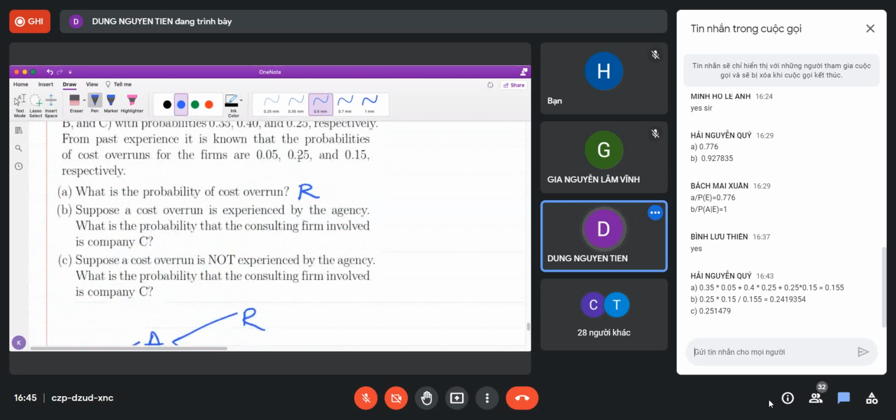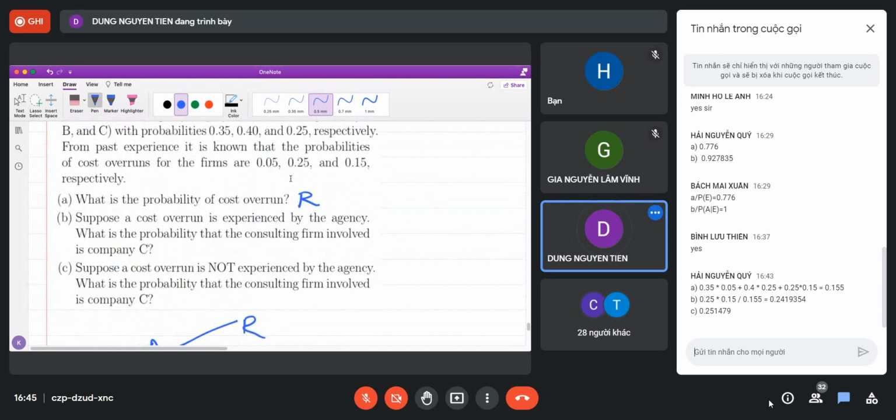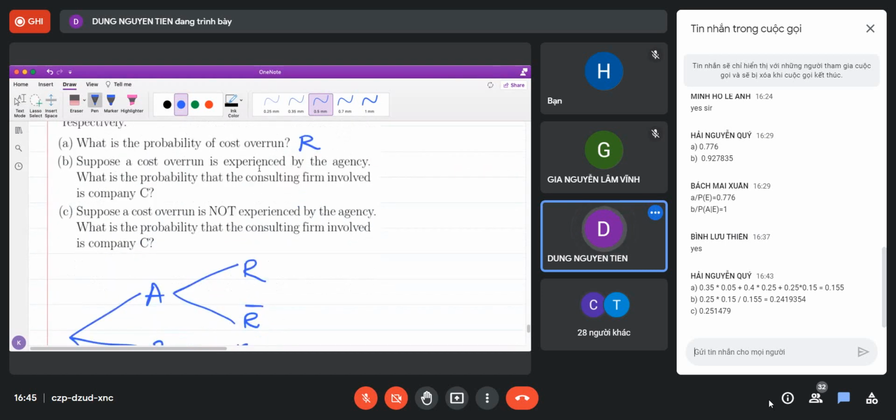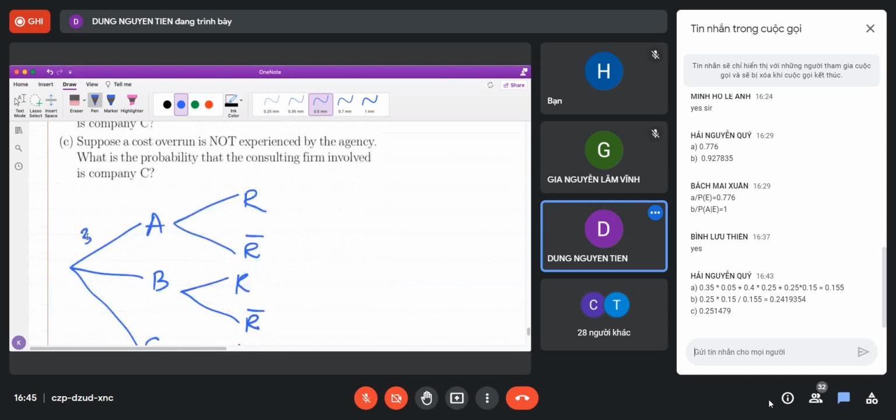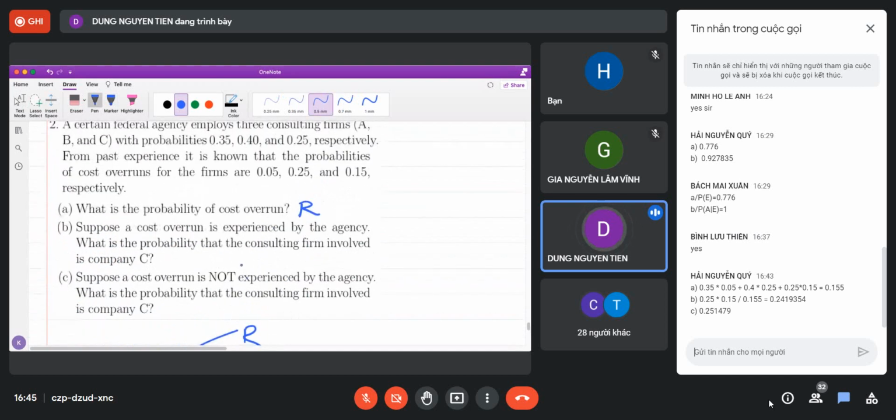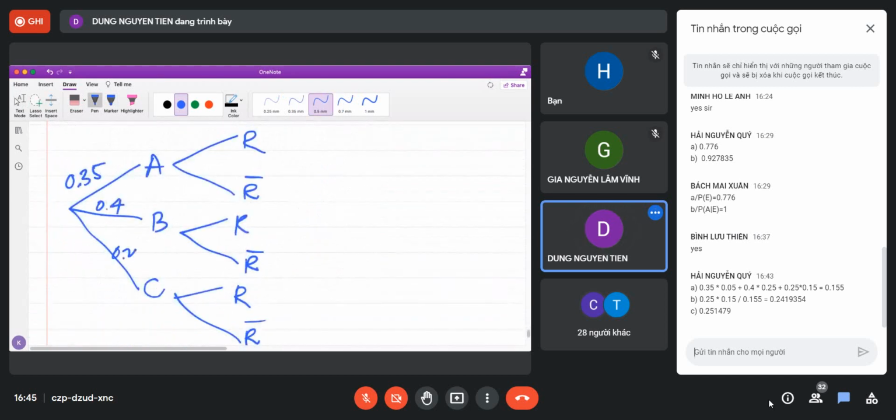The probability that company A is involved is 35%, then B is 0.4, and C is 0.25.